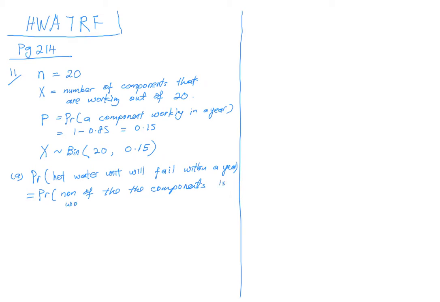Am I right? So I'm looking for probability X equal to 0. Because as long as there's one working, then the whole thing is working. Am I right?